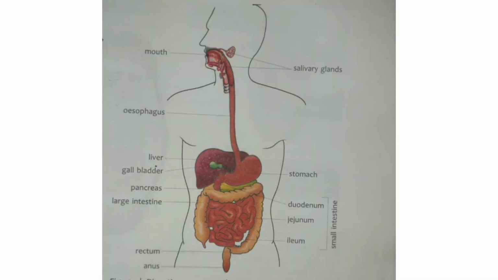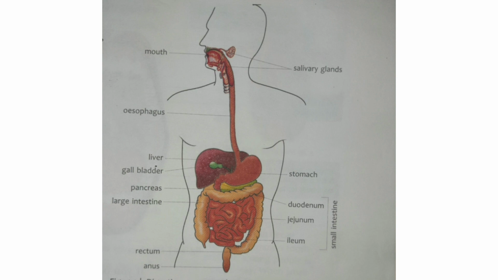Here in this picture, you can see a clear view of the digestive system and the associated digestive glands. In the previous video, I discussed the pharynx and esophagus. Today, the next part is the stomach.